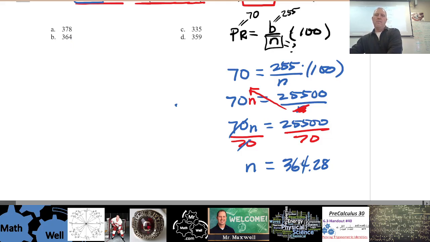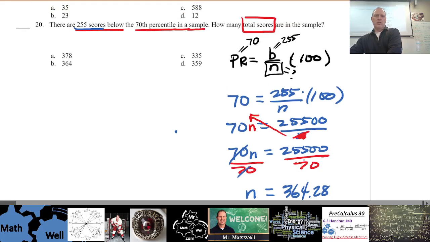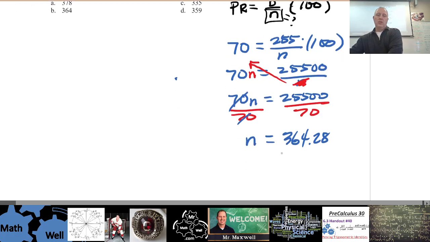Yeah, 255 below. He's in the 70th percentile. Total scores in the sample. So if you got this number and you're like, oh boy, I don't know if I should do 364 or 365. If you get anything over 364, like this 0.28, maybe you can round it down to 364.